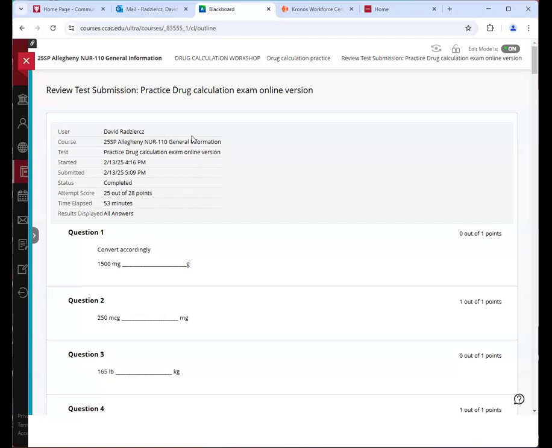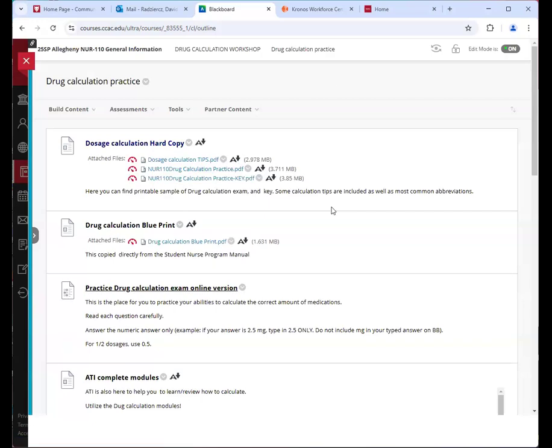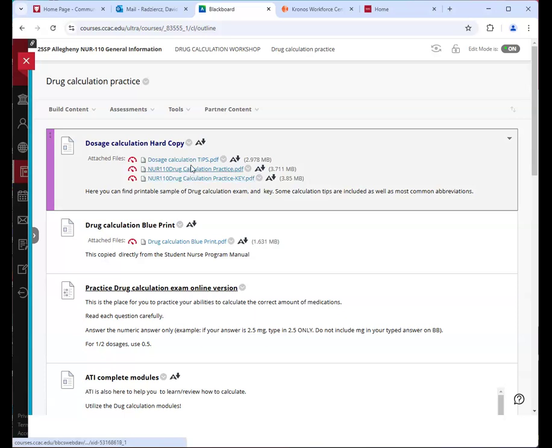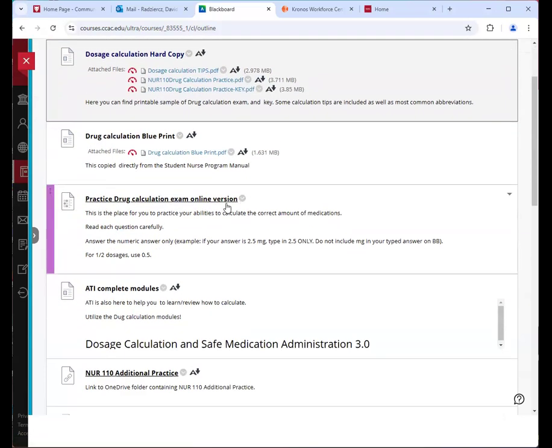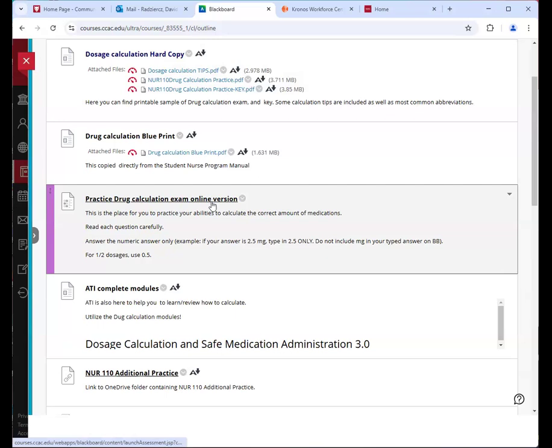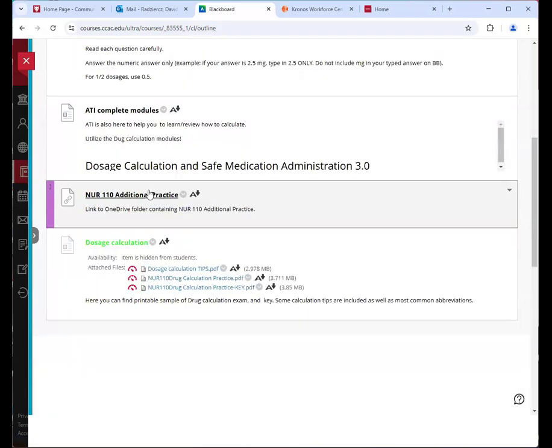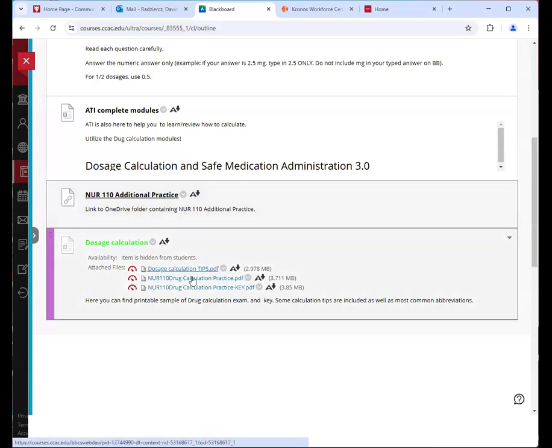Okay. And then as far as practice, everything's located here on the Blackboard site. These are the hard copy practice sets that we've gone over. This is the online version that I just went over. There's some additional practice. If you click here, it'll open up my OneDrive folder. Oh, you can't see these.